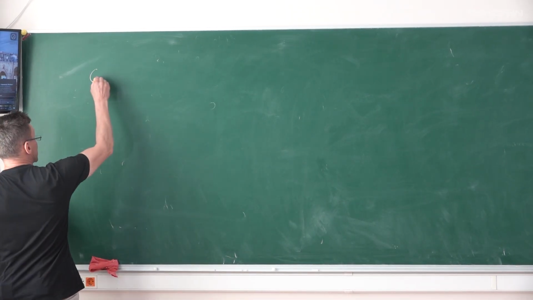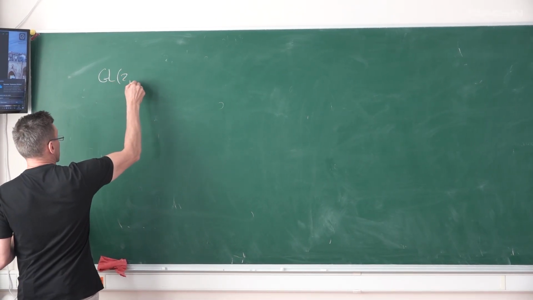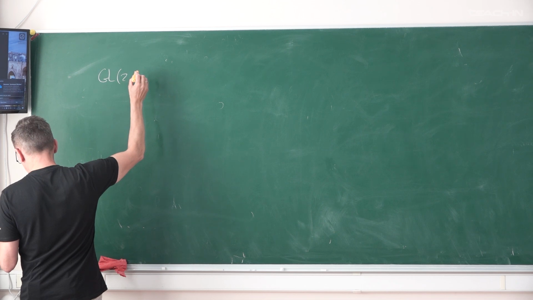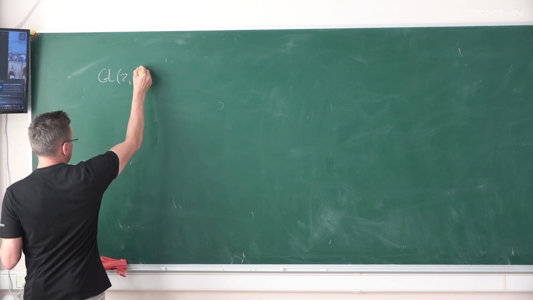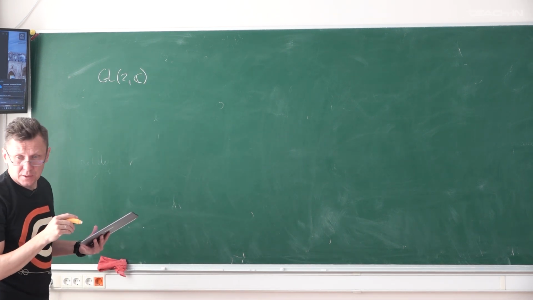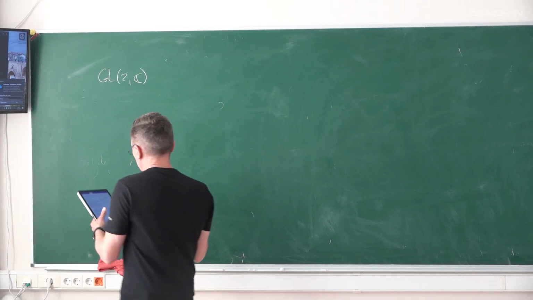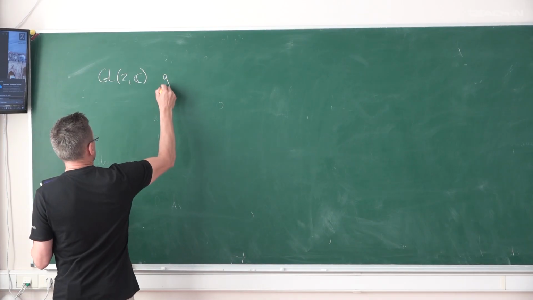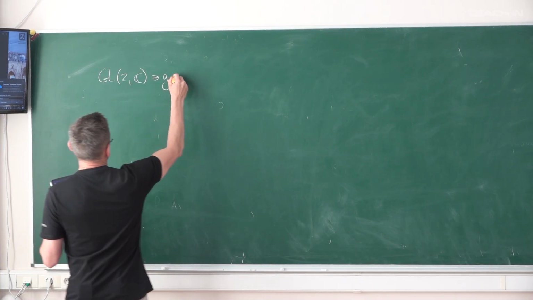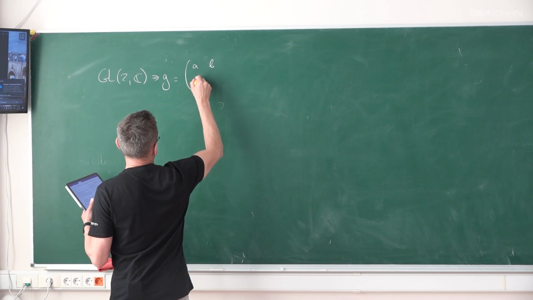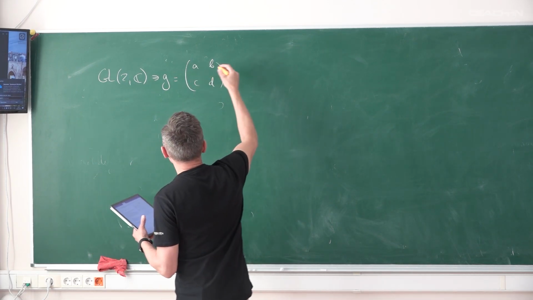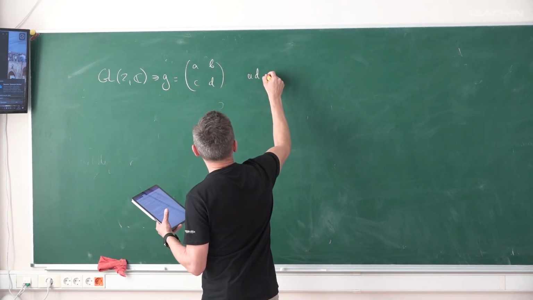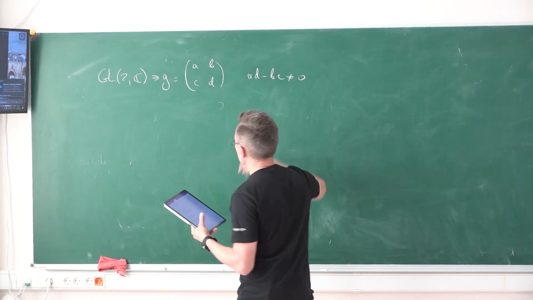We have GL2. I prefer C, but if you want R, it's also good. So a matrix G is just a matrix A, B, C, D such that AD minus BC is not equal to 0.